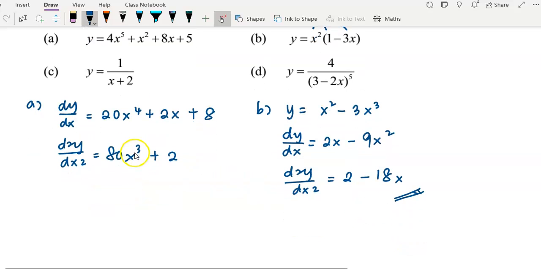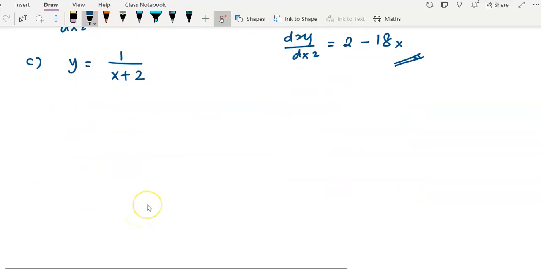Let's look at question C. Given y equals 1 over x plus 2. So here I'm using the chain rule. Before I start to differentiate, I will rewrite 1 over x plus 2 as x plus 2 to the power of negative 1.